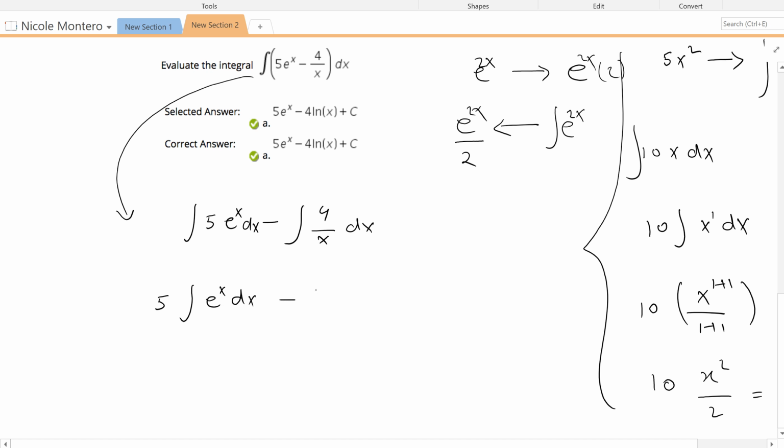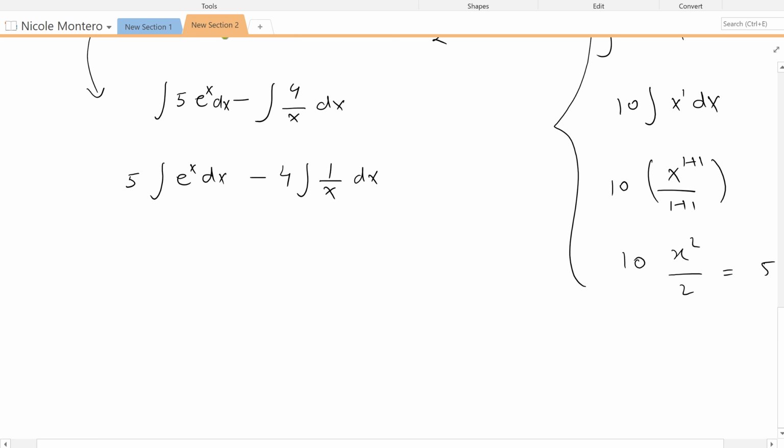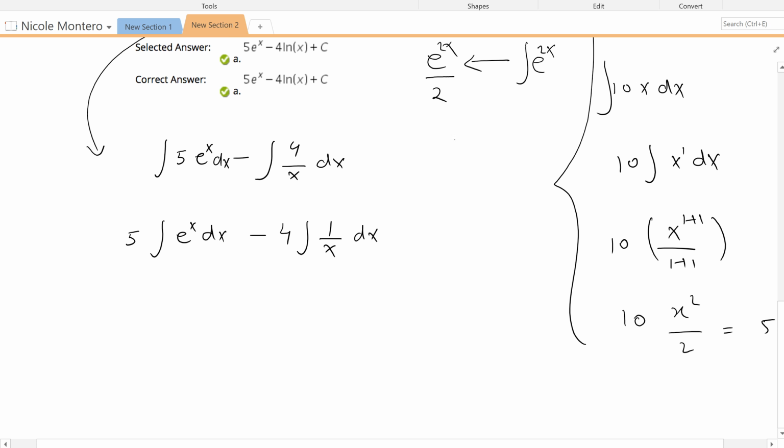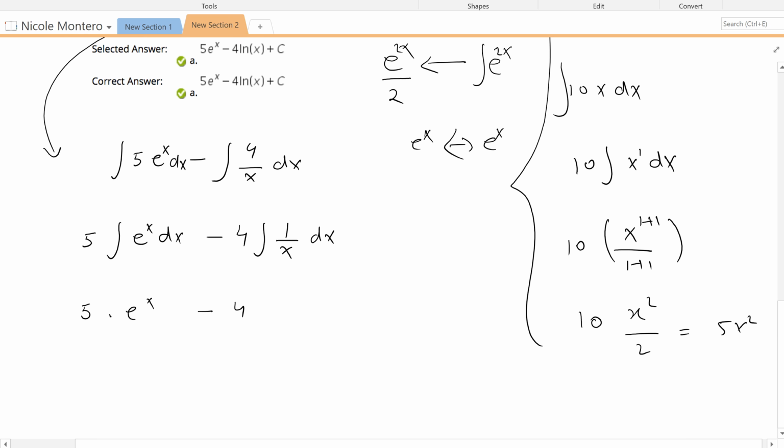And then you write 4 outside and you do the antiderivative of 1 over x. So as we already know that derivative of e^x is e^x, so antiderivative is also going to be e^x. Good? Now, do you remember which function's derivative is going to be 1 over x?